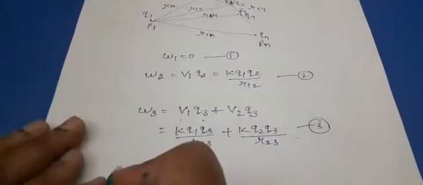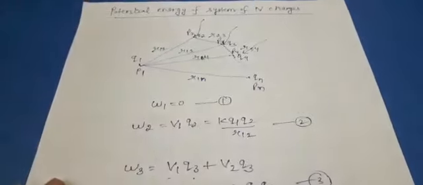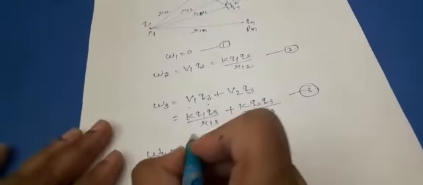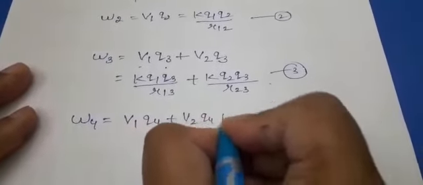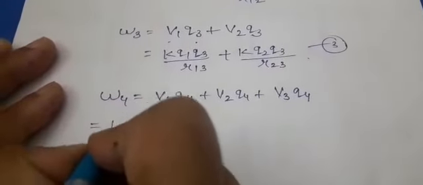Now, the work done to move Q4 to point P4, obviously from infinity. Q4 is coming under the influence of Q1, Q2 and Q3. So V1 into Q4 plus V2 into Q4 plus V3 into Q4. So what will be the value?